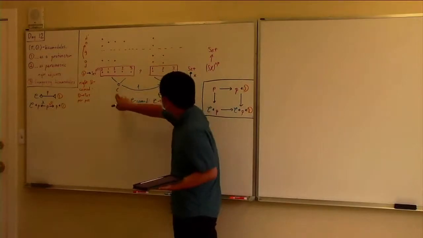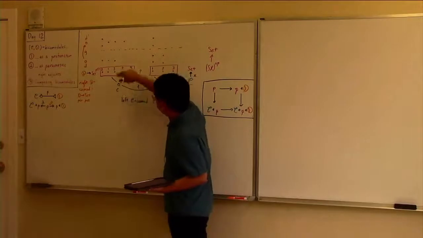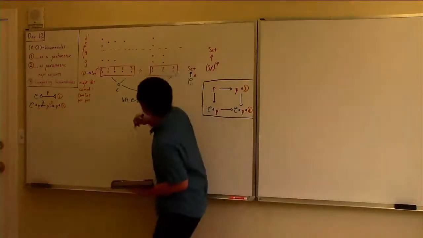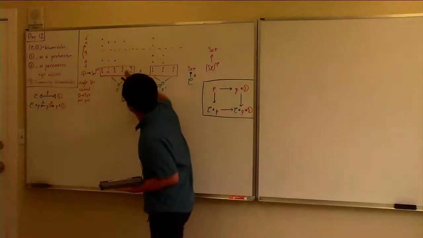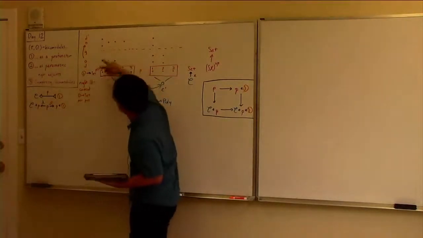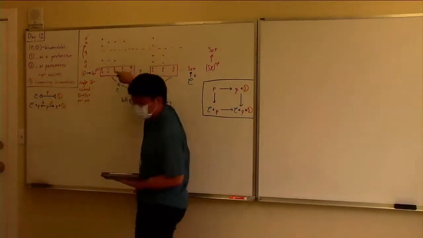For each object in C, we assign to it a polynomial from poly. And so this is the polynomial with 1, 2, 3, 4, 5 positions, and then there's 3 directions on top of this position, 2 directions on top of this position, 2 directions here, 1 direction here, and so on.